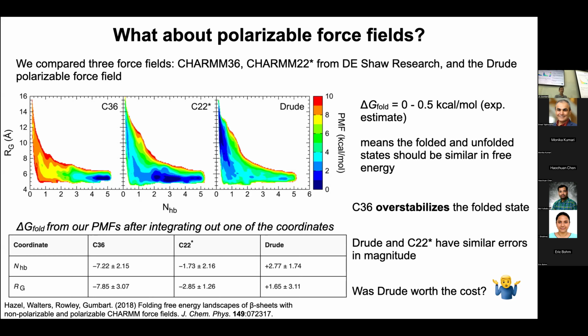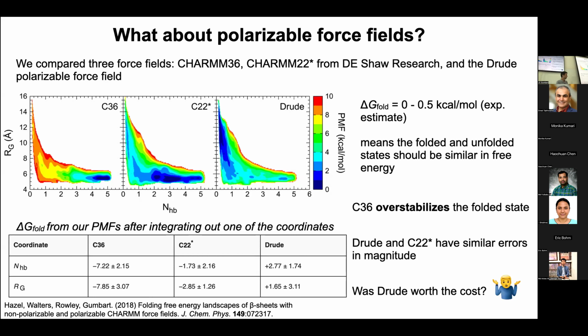So I'll say two things about that. One, because you have more parameters to fit, it's just harder to get them accurately, right? Because optimization is a tough problem, and so I think CHARMM36 is the culmination of 40 years of hard work by many people. Drude has been around for less than 20 years, and orders of magnitude fewer people are using it.